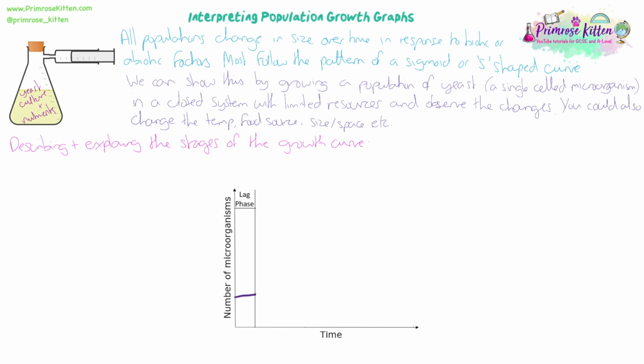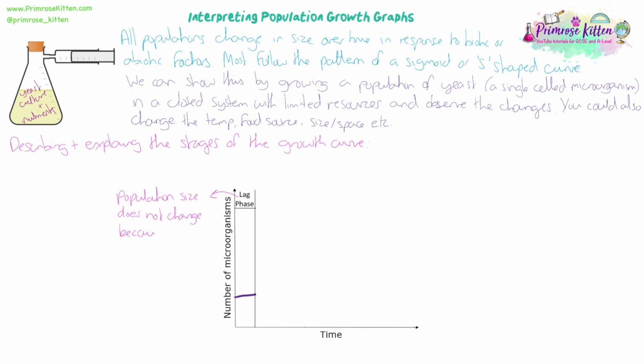Okay, so when presented with a growth curve, we need to be able to identify the phases or stages of growth and explain why they are happening: what's happening in terms of the number of organisms and the size of the population, and why. The first stage is called the lag phase. The population size is stable, it's the same number of organisms that we started with, and it doesn't change very rapidly because the organisms are probably adjusting to their environment.